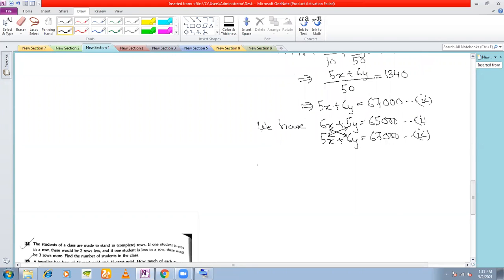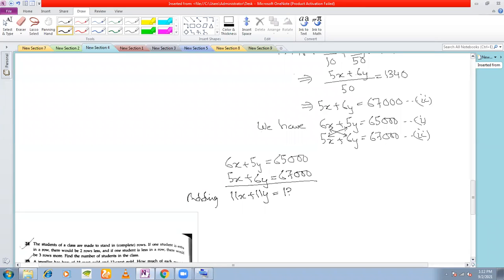Add the two equations first, and then subtract. Exactly. So 6x plus 5y is equal to 65,000 and 5x plus 6y is equal to 67,000. First add. 11x plus 11y is equal to 132,000, right?